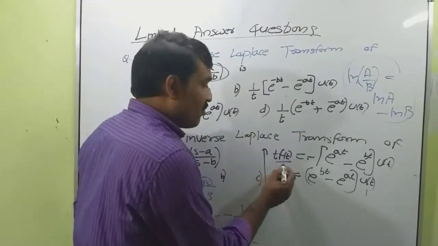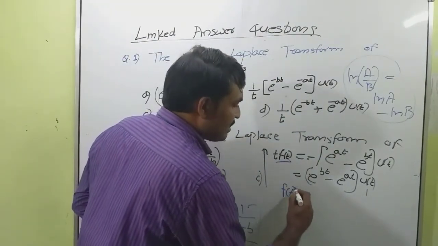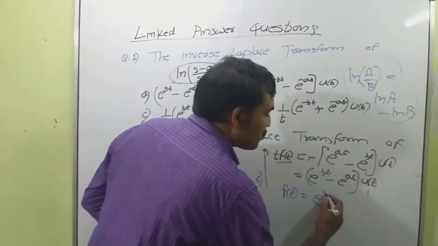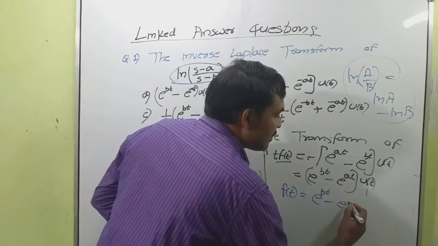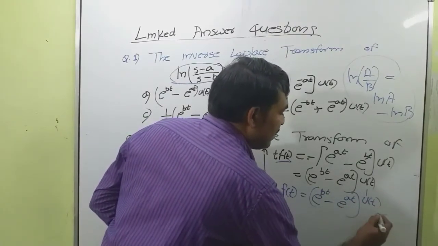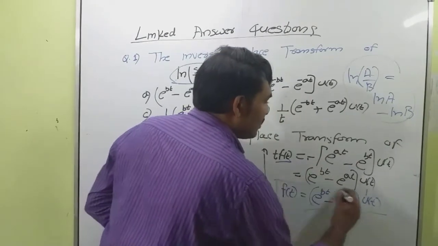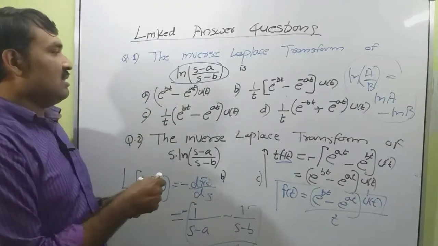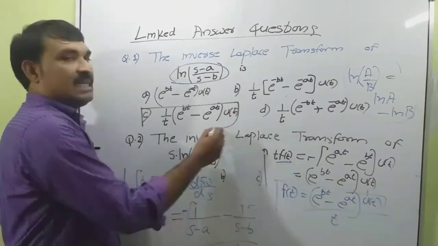This is t into f of t. So f of t is equal to this term divided by t. That means e raised to bt minus e raised to at into u of t divided by t. So this is our inverse Laplace transform of this function, that is given in option C.